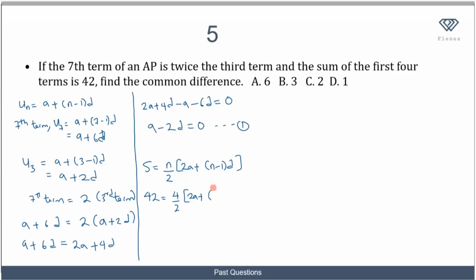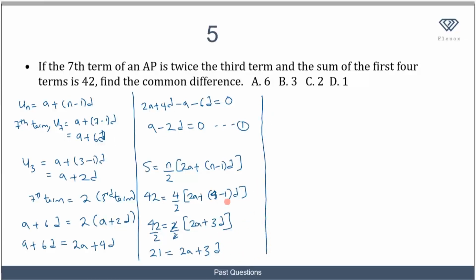So I have 2A plus, and my n in this case is, sorry, the first 4 terms, so it's 4 minus 1 into bracket D. So what does this become? So 42 is equal to 2 into bracket 2A plus 3D. If I divide both sides by 2, what do I get? This cancels out. So I have what? 21 is equal to 2A plus 3D.